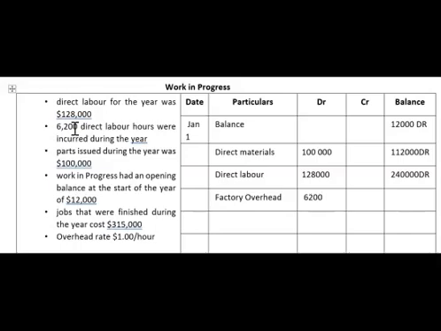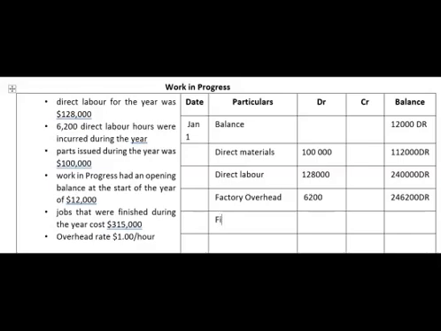So the rate that we have calculated multiplied by the actual hours that the workers have used, we get our factory overhead. So our new balance will become, so during the year this much we have used in the production of a particular item, and then we write down how much we have completed.